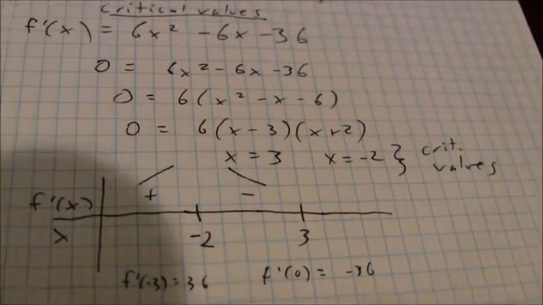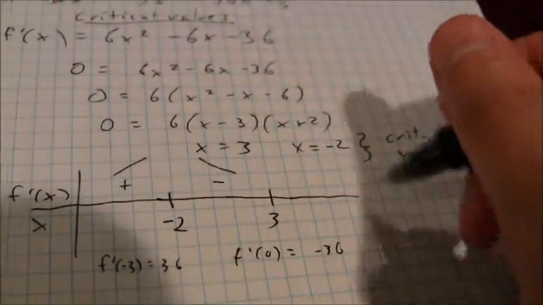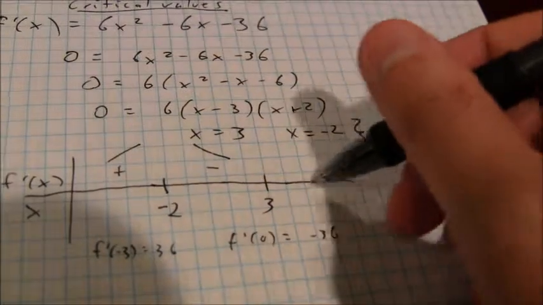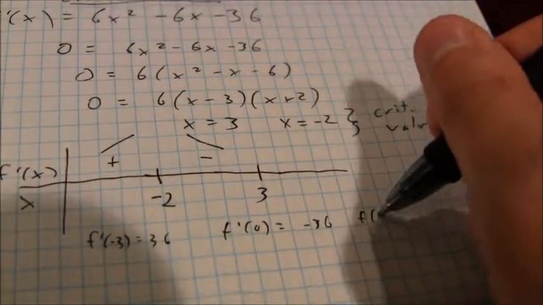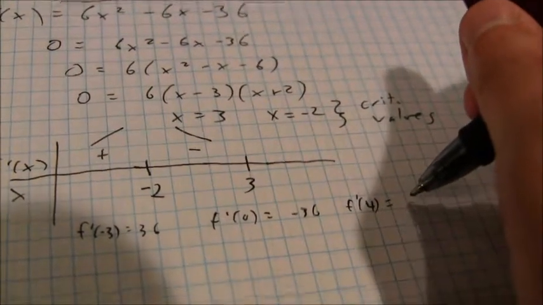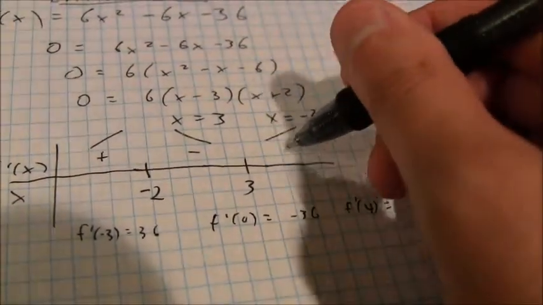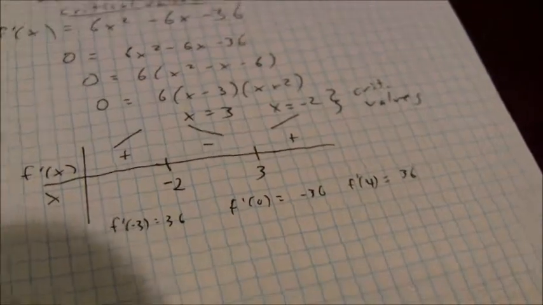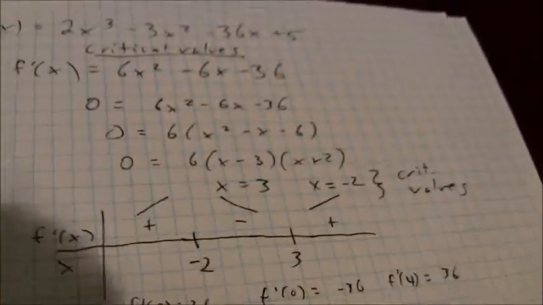Finally, I can pick a value to the right of 3. So I can find f prime of 4. F prime of 4 is equal to 36. That's positive. The graph is increasing. Again, it's really only the signs that matter.